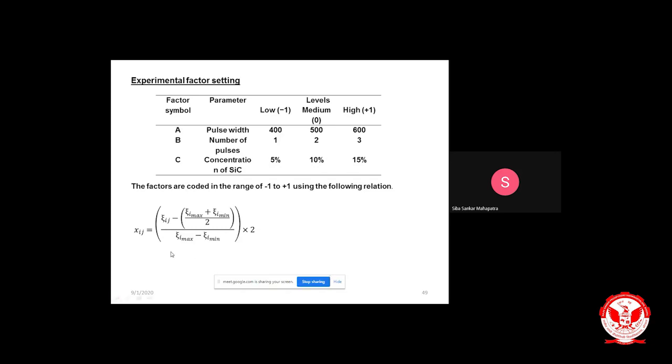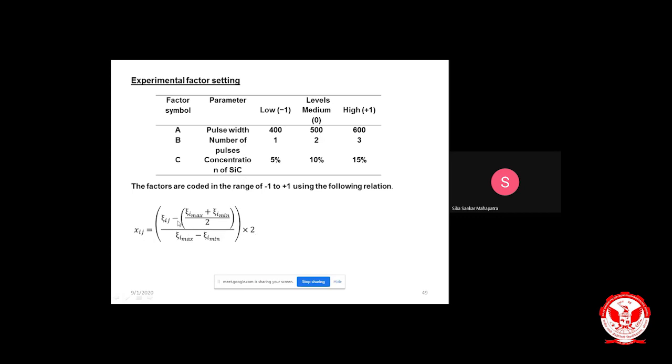Suppose for the pulse width I take 400, the natural variable is 400. 400 minus (400 plus 600) divided by 2, that is 500. So 400 minus 500, divided by (600 minus 400) which is 200. So minus 100 divided by 200, that is minus 1 by 2. Then we multiply by 2, so it will be minus 1.